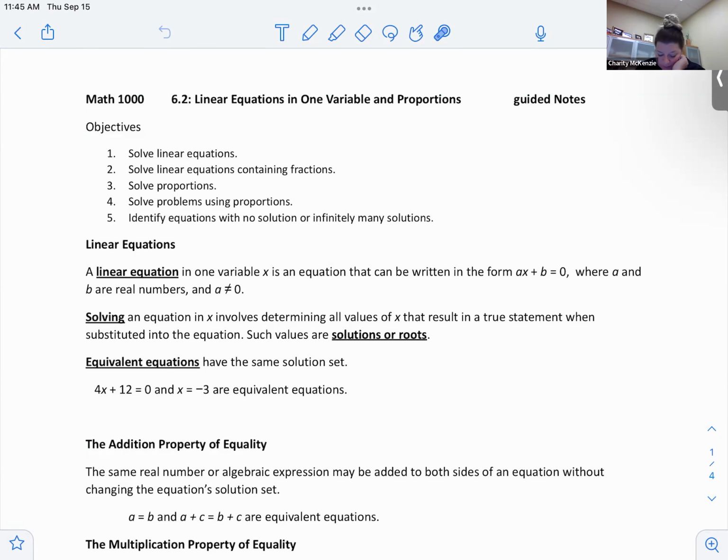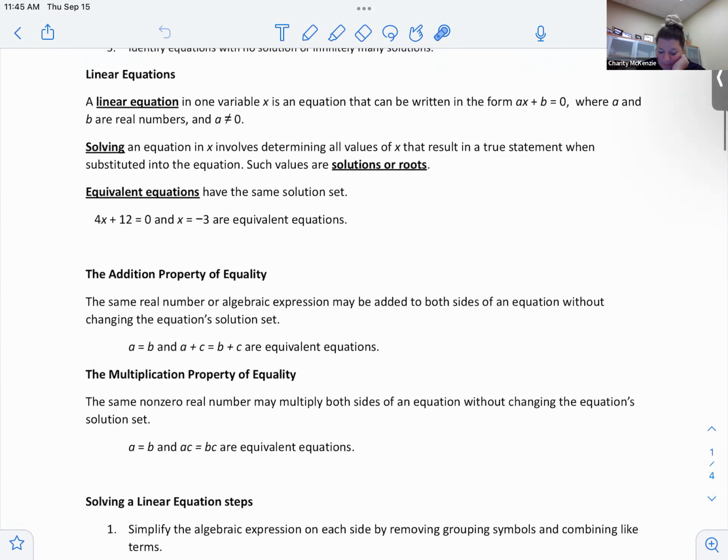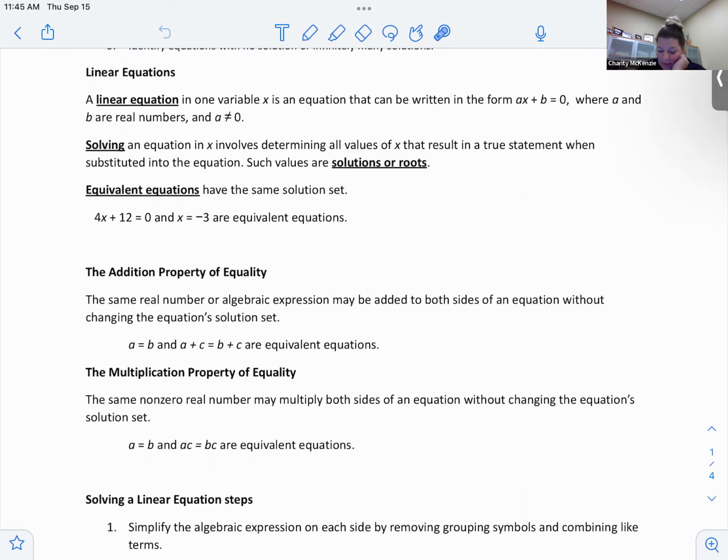Okay, so we're talking about equivalent equations here. So basically, this is the same as this. So when I say x equals -3, basically that's what solves this also. -3 times 4 is -12, plus 12 is 0. 0 equals 0.